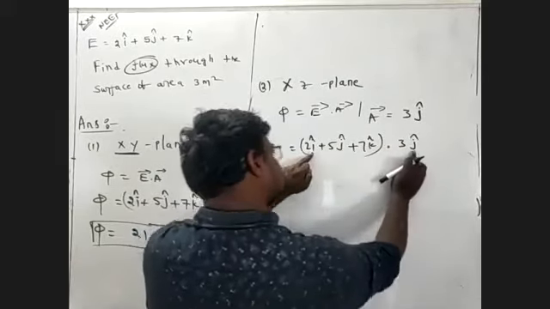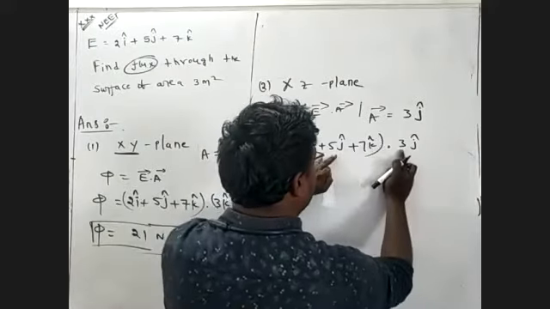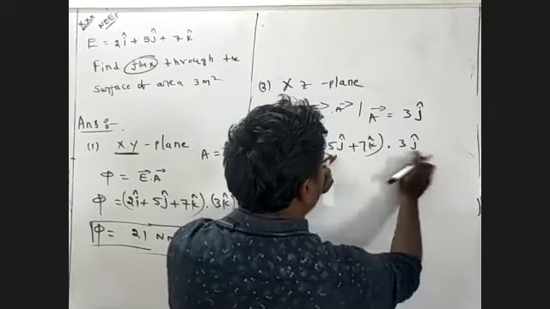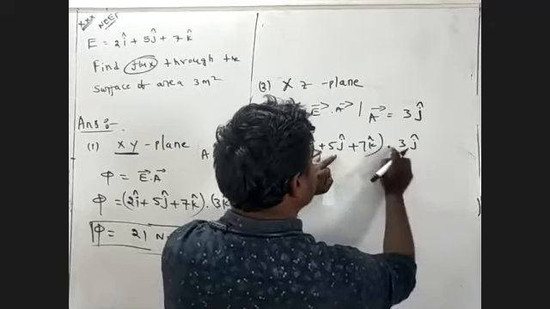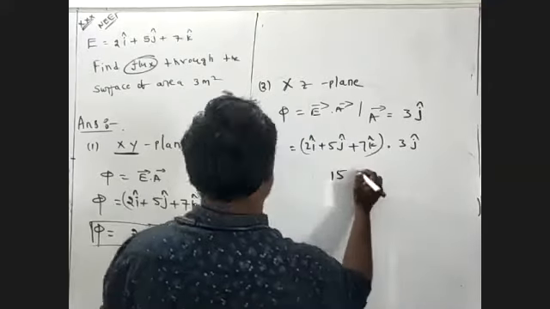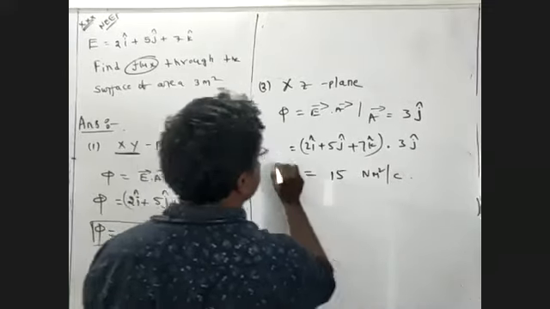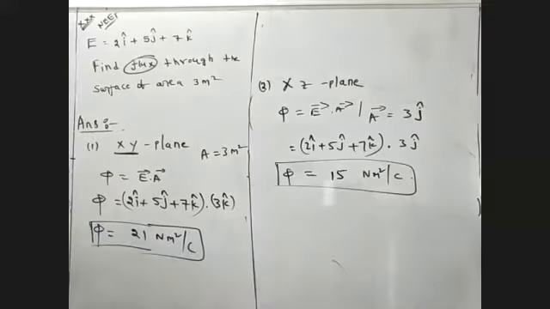I dot J is 0, J dot J is 1, and K dot J is 0. So 5 times 3 is 15 Newton meter square per coulomb. This is the flux.